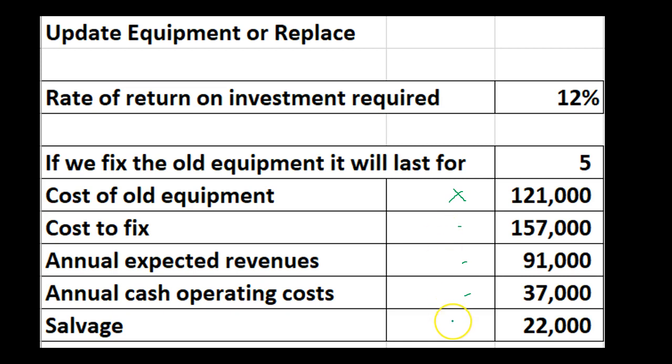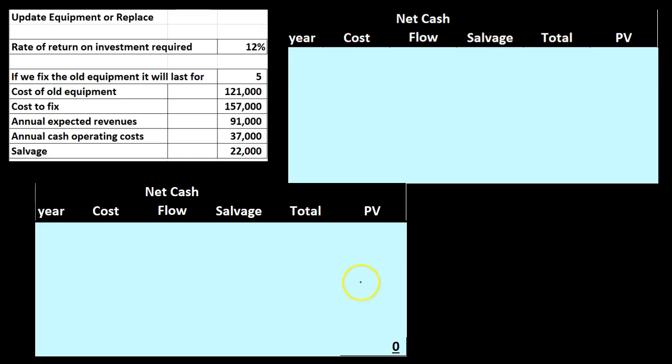Then we have salvage value of $22,000, meaning that at the end of 5 years, we're going to be able to just scrap our equipment, sell it for what it is, and get back $22,000, the salvage value.